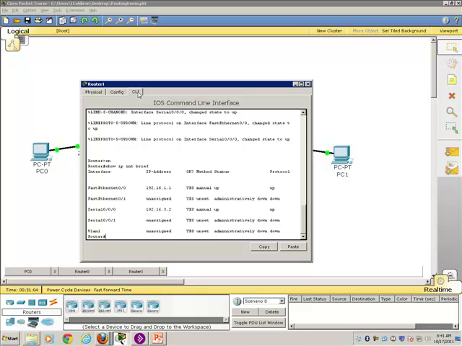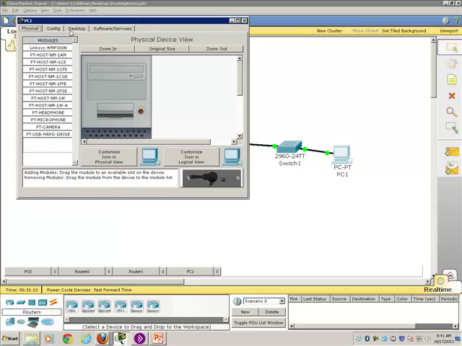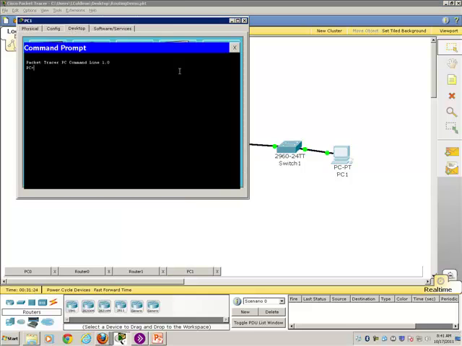So use those things. So we have up and up. We have these interfaces, 1.1, 3.2, 3.1 connected to 3.2. And the other computer is connected and hopefully has the correct IP address, IP config, 1.2.